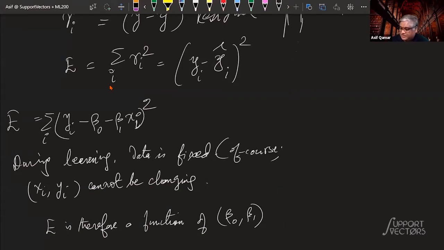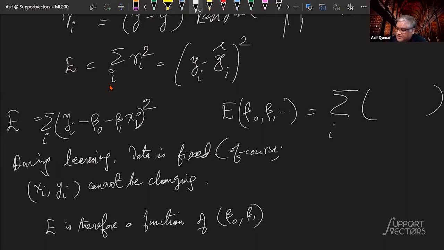So I can write this equation as E(beta naught, beta 1), and then I can go to beta 2, etc., if I so wish, is the summation over the square of yi minus beta naught minus beta 1 xi. If I want to add higher order terms, I can do that, but let's stay with one dimension.